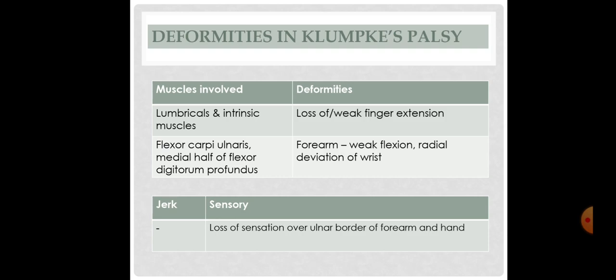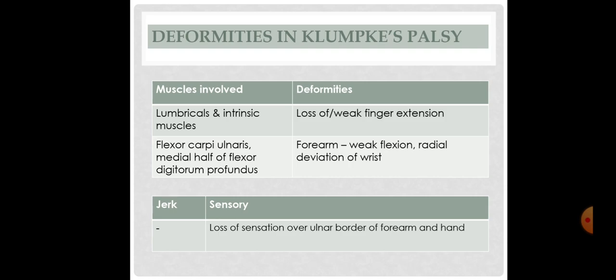There will be weak finger extension. And in case of paralysis of the flexor carpi ulnaris and medial half of FDP, there is weak flexion of the wrist because the other flexor muscles present on the forearm will be supplied by median nerve. So flexion of the wrist will not be lost totally and there is radial deviation of the wrist. Okay.